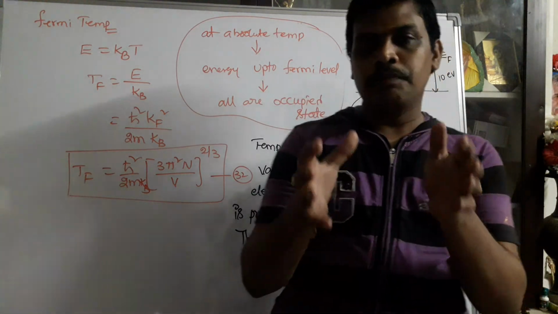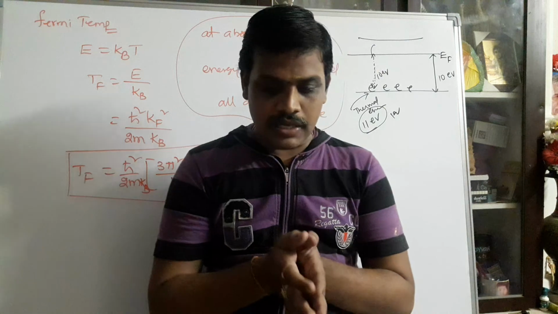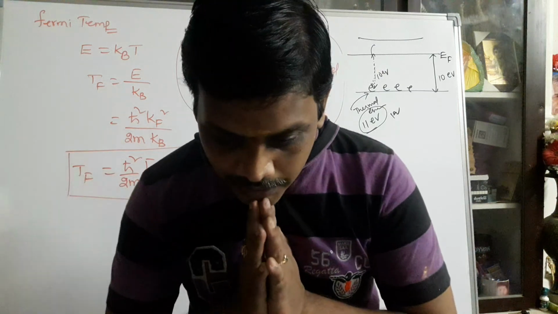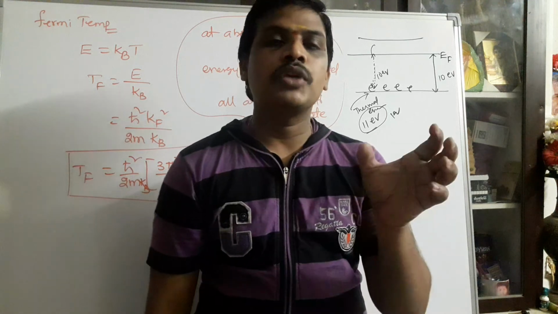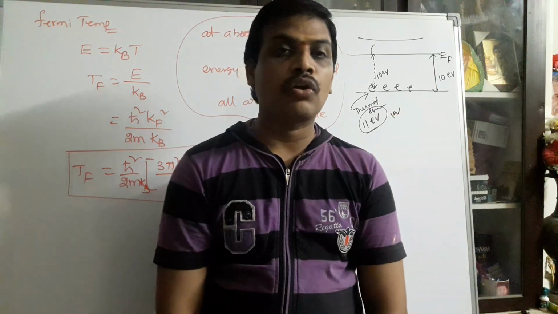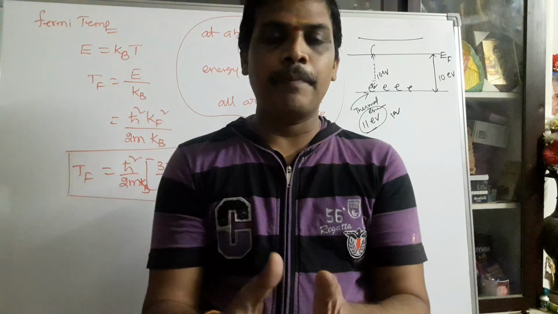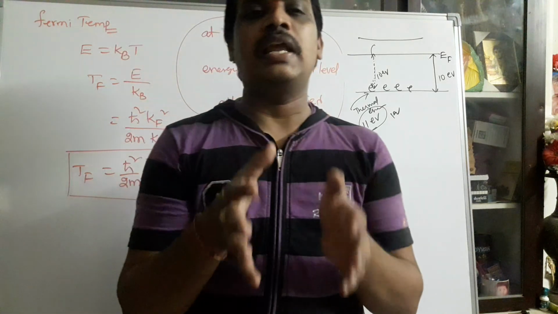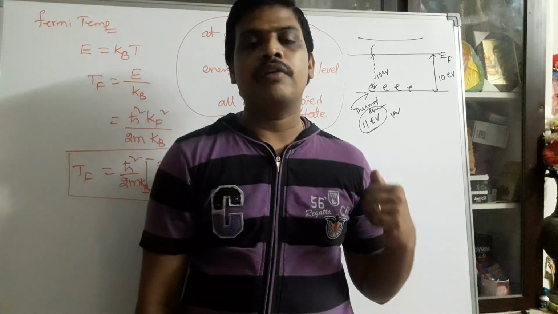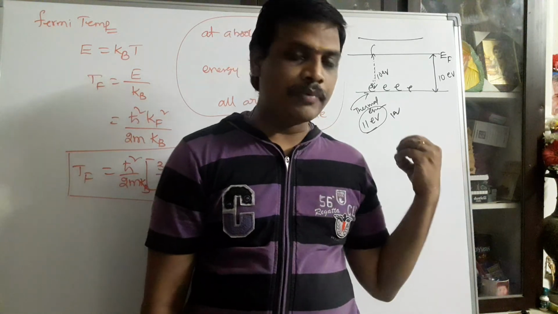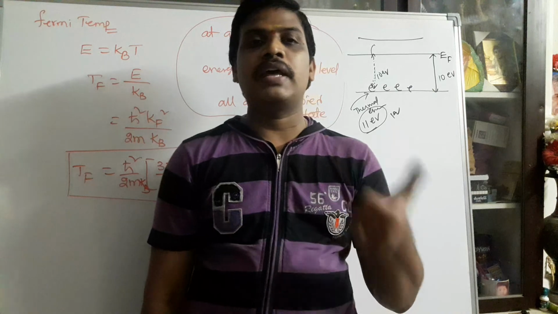The main important point is to explain the distribution of electrons above the absolute temperature. That point is clearly explained by Fermi-Dirac statistics, the main very important topic in our chapter.